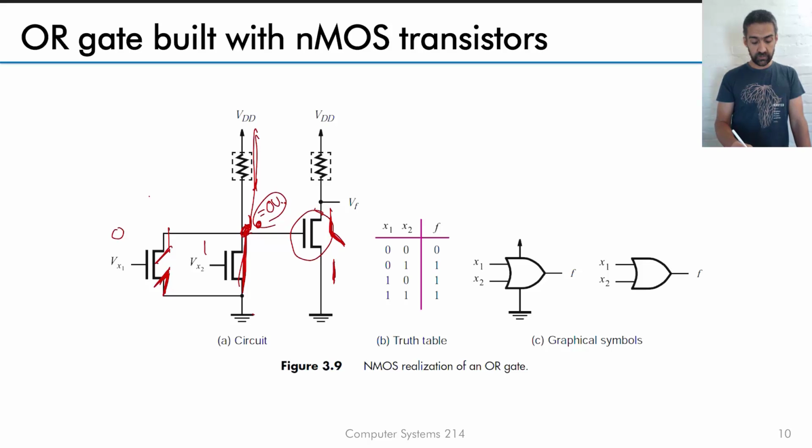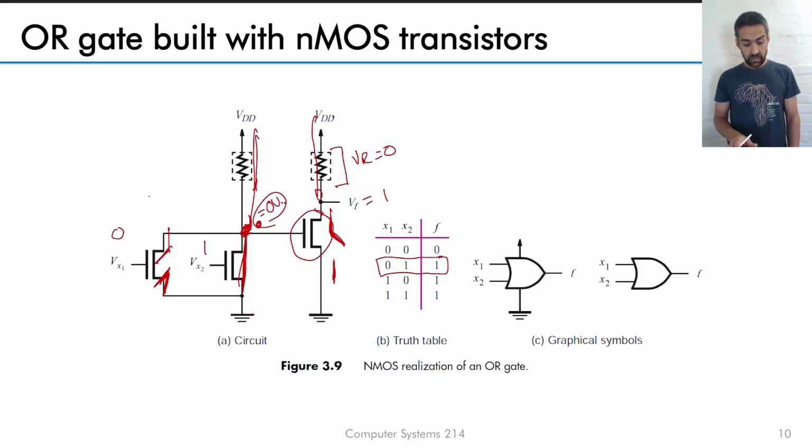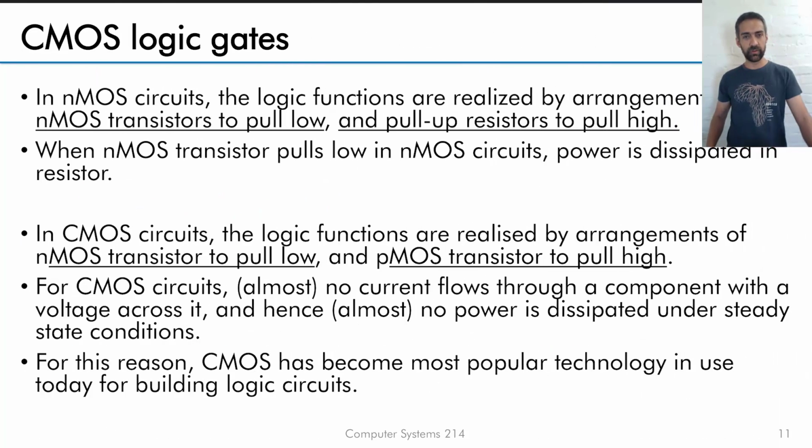And because that's turned off, there's no path for the current to flow from here to the bottom. Because there's no current to flow, this voltage drop here is equal to 0, which means VF is equal to 1. So that brings me to that point there. Okay, so you can see you can build up the whole truth table using that. And as you can see, the OR gate is built with a NOR gate with an inverter at the back.